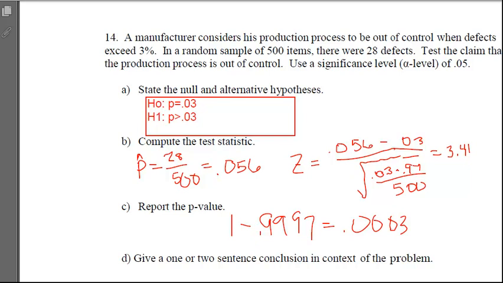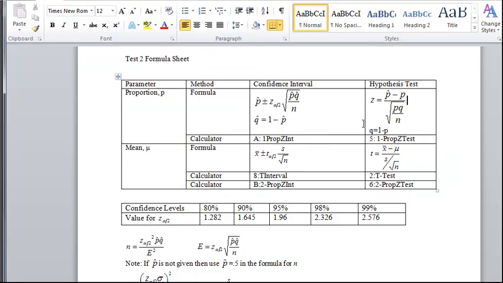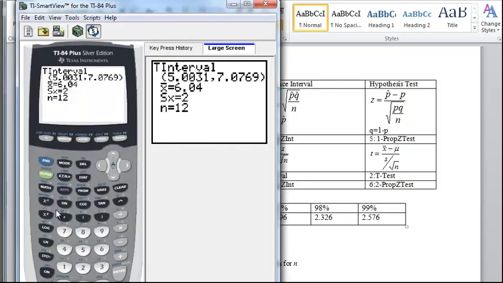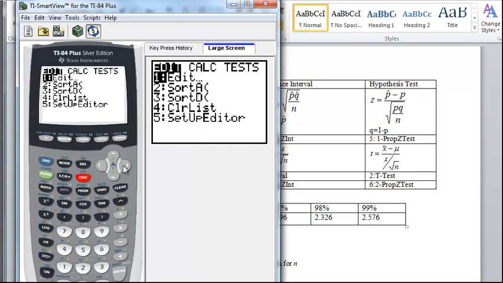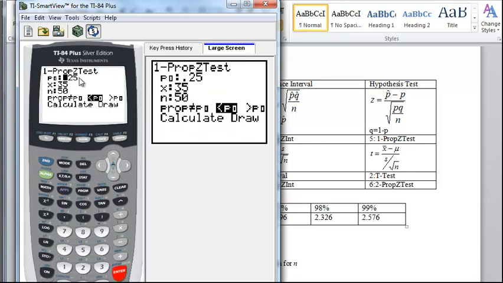Let's jump to the calculator and do it on the calculator. My formula sheet says I go to number 5, so I'll do that. So stat test number 5. And then I have to enter the information. P naught is whatever is in your null hypothesis. So think of H naught and P naught.